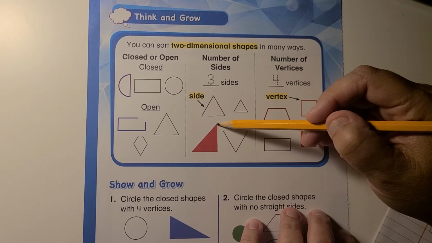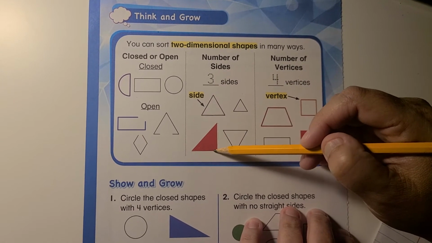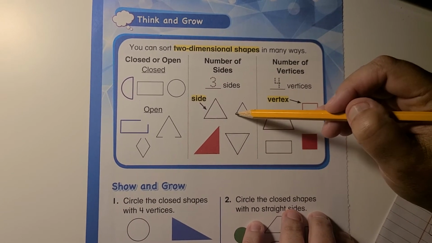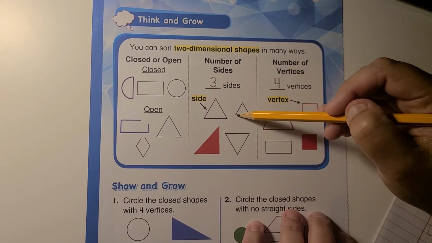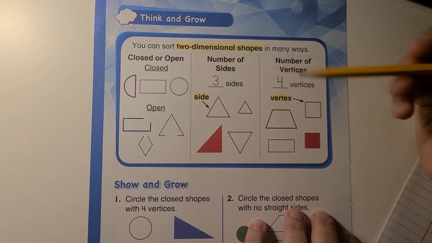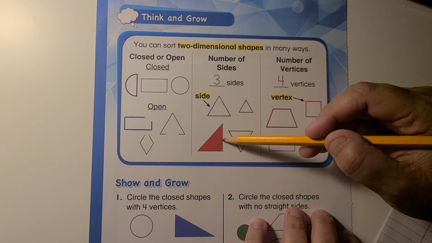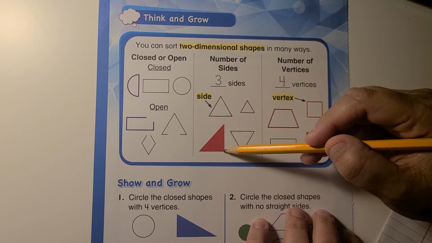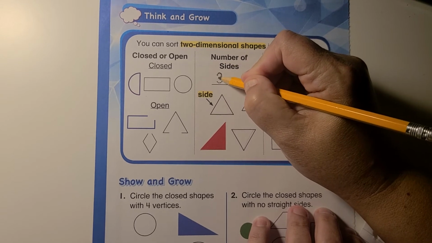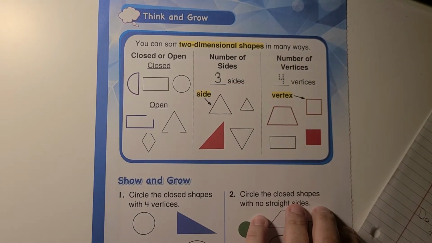Let's see. 1, 2, 3 sides. 1, 2, 3 sides. And 1, 2, 3 sides. You know what these are called? They are all triangles. Even this one that looks a little different. Because it has 3 sides, it's a triangle. So I'm going to write 3 sides.